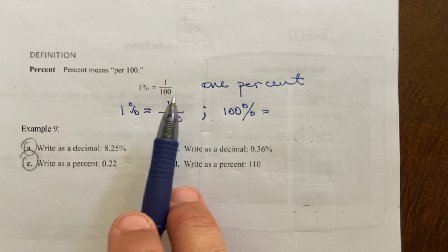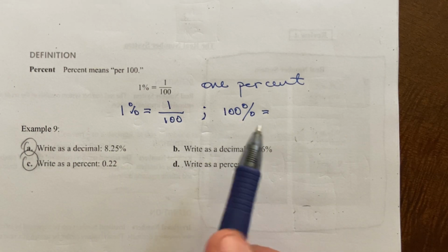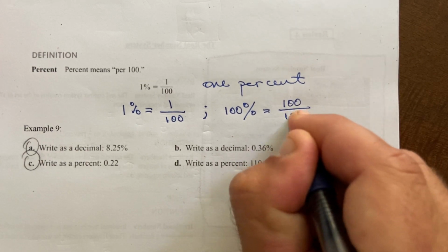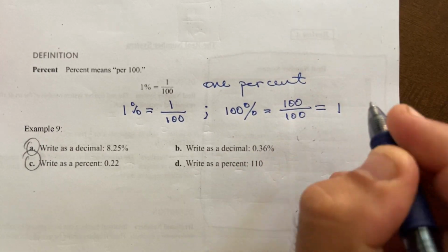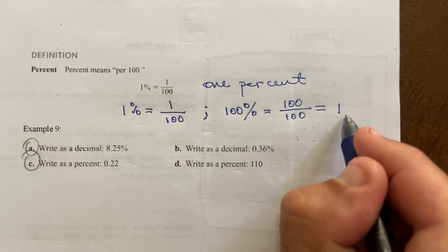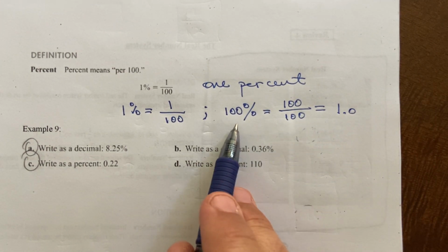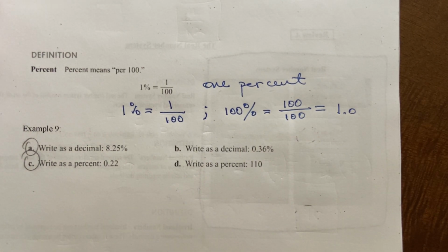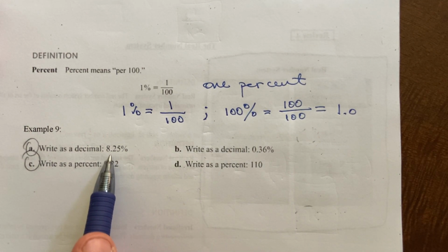This is the number 100th. For 100%, we would have 100 out of 100, and that would be the number 1. So the number 1 is actually representative of 100%. So the decimal 1.0 is actually the same as 100%. Okay, so knowing that I think might help.